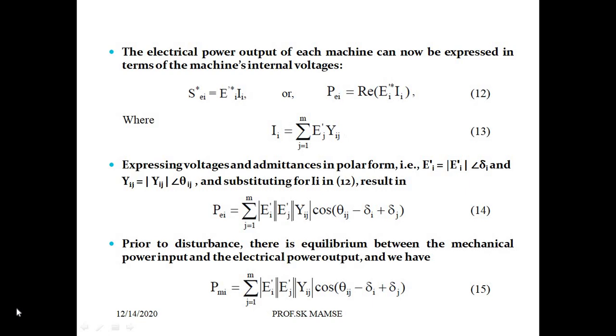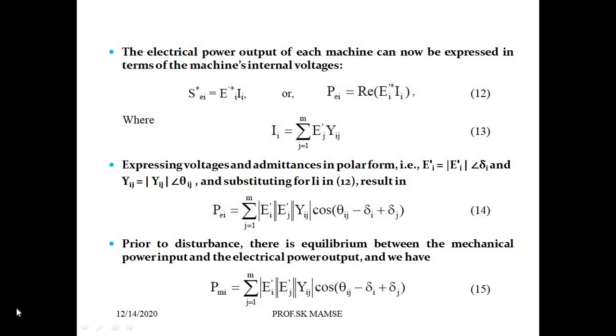The electrical power output of each machine can be expressed in terms of the machine's internal voltages. S equals E times I conjugate, or Pi is equal to the real part of Ei times Ii conjugate, where Ii is the sum for j equal to 1 to m of Yij Ej. Expressing voltages and admittances in polar form, Ei equals the magnitude of Ei at angle delta i, and Yij equals the magnitude of Yij at angle theta ij.